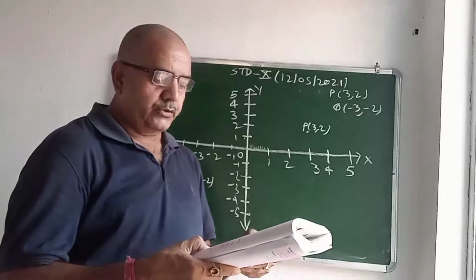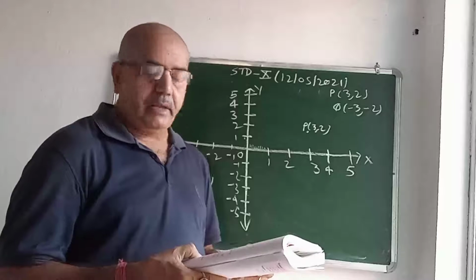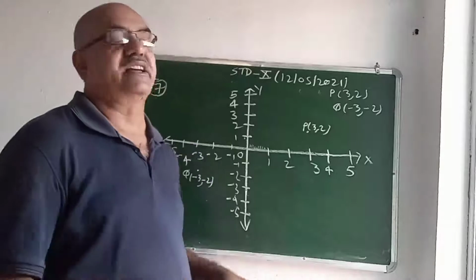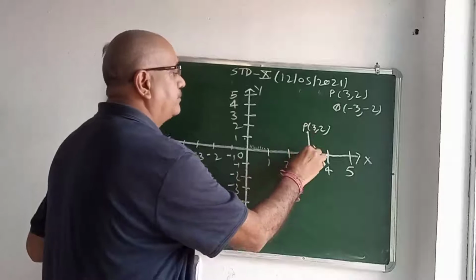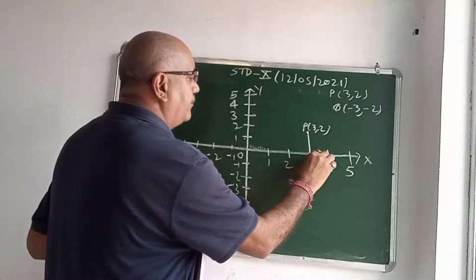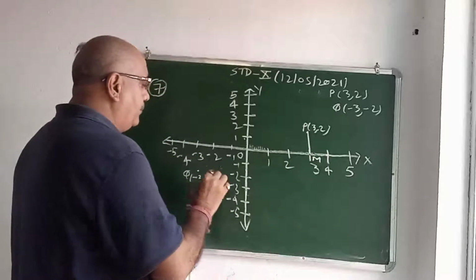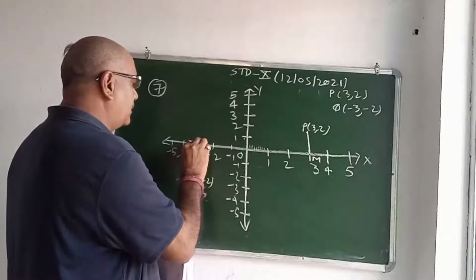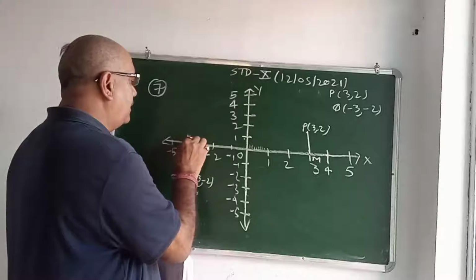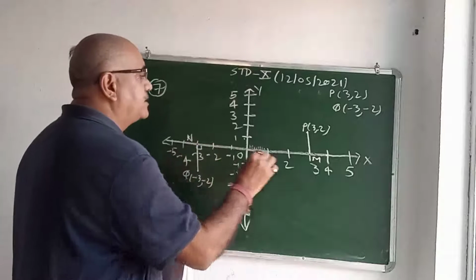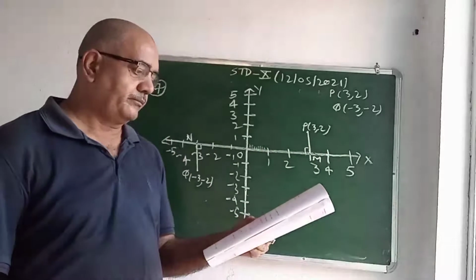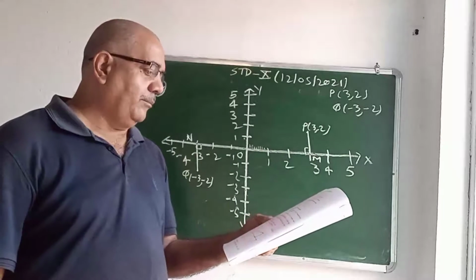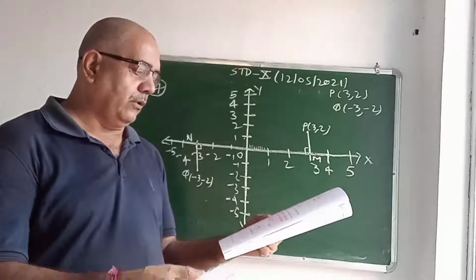From P and Q, draw the perpendiculars PM and QN on the x-axis. So this is the x-axis. From here you draw this and write M, and from Q draw here the perpendicular QN.